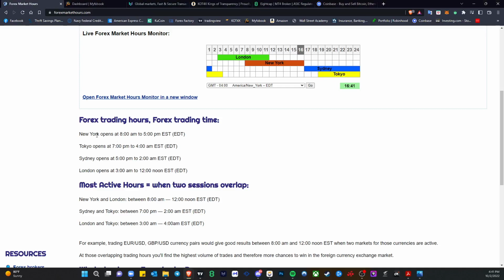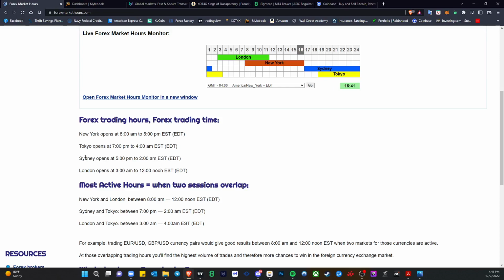New York session opens around 8 a.m. until 5 p.m. Tokyo's the slowest, Sydney about the slowest. Personally, the sessions I trade are the London session and New York session, right? Those two you get more volume.